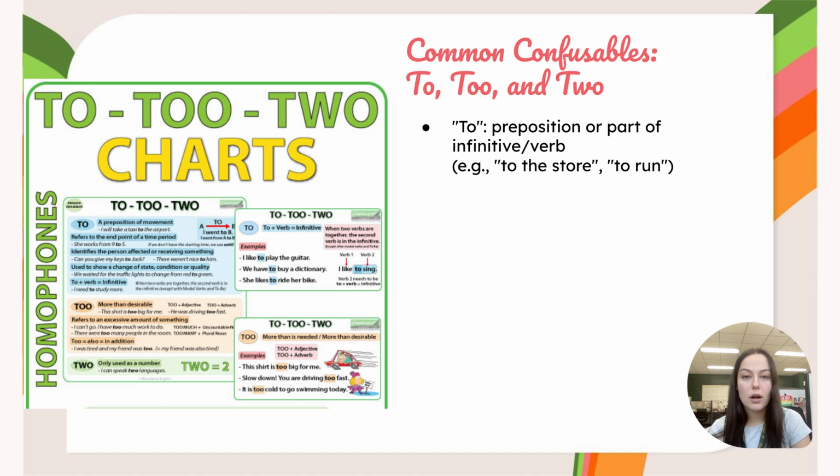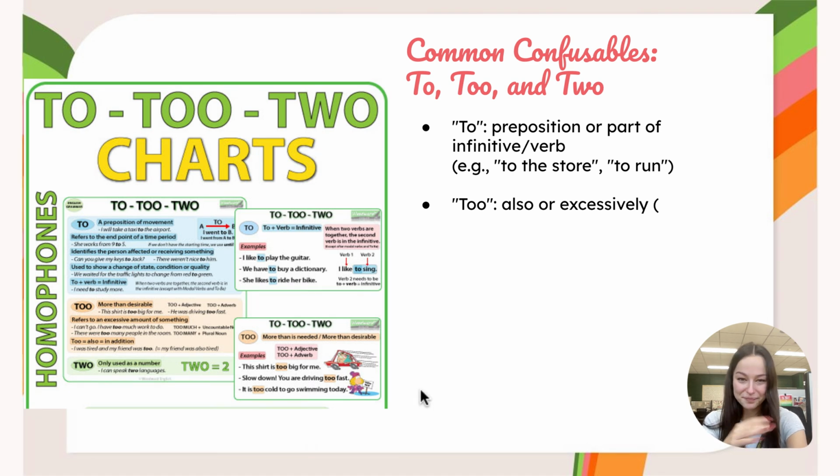Okay, so, to the store, she went to the store. That would be to as a preposition, or it's also used as part of an infinitive, which is just added before a verb. So, to run, to bike, to jog. That is when you would use this form of to.